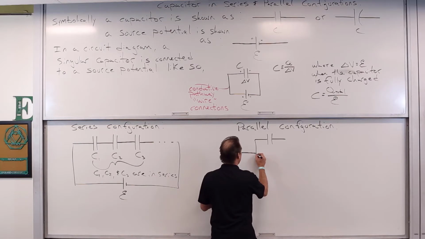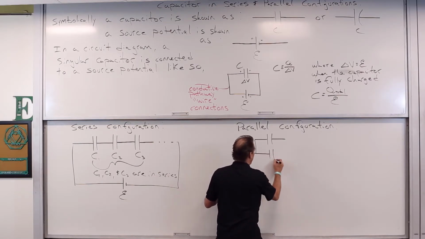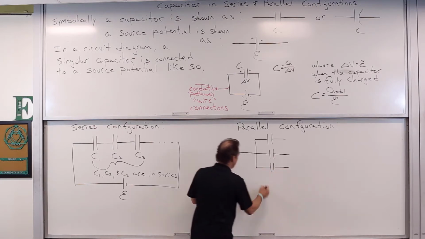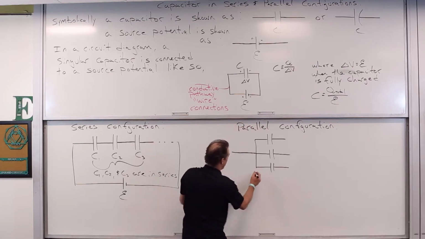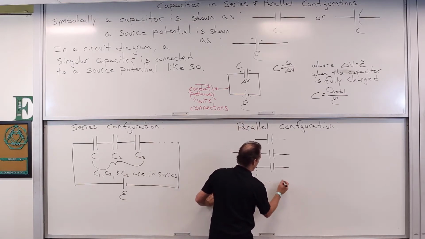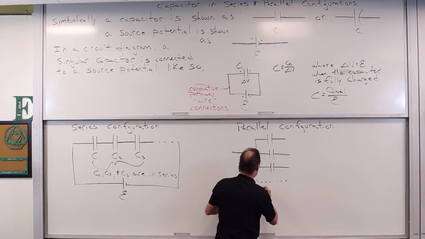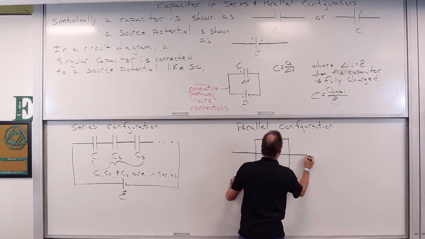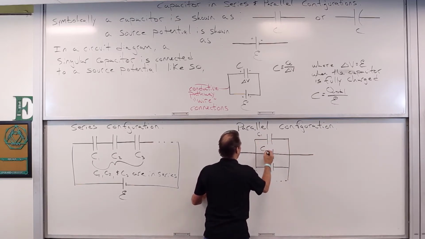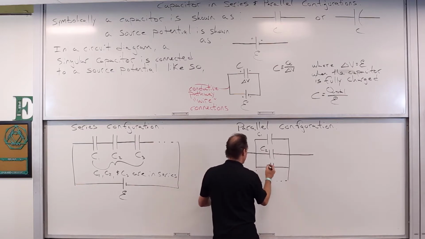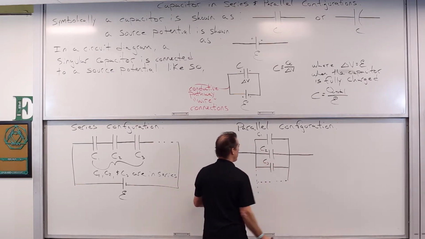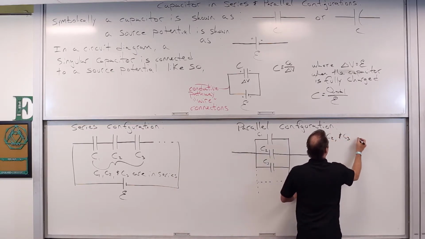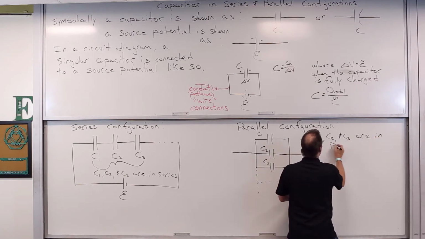So we could have a capacitor like this, a capacitor like this, another capacitor like this, and we can kind of keep on going and have more up here, more down here, dot, dot, dot, and ultimately have these all kind of connect back and go like this. So I'm just showing 3, but we could have n capacitors, and C1, C2, and C3 are in parallel.